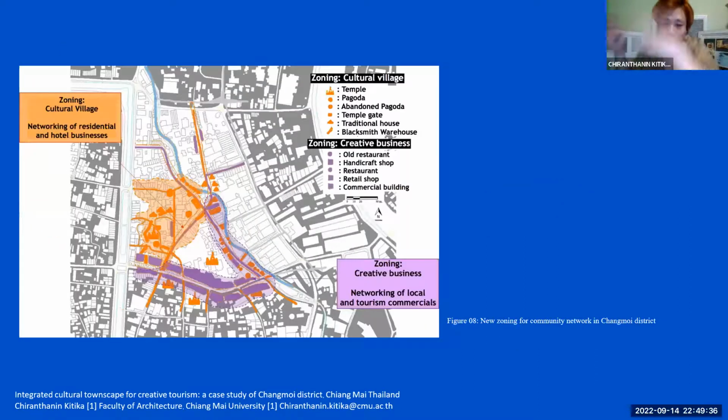And then from that, it is visualized as a map, and you can see the yellow is the cultural village, where we have to make the zoning to perceive people inside the city, and the purple area is the good business area. We have to control it as a cultural business area, a creative business area, and that is the zoning visualized from many data and many participants.